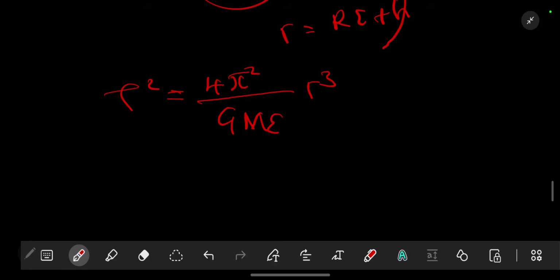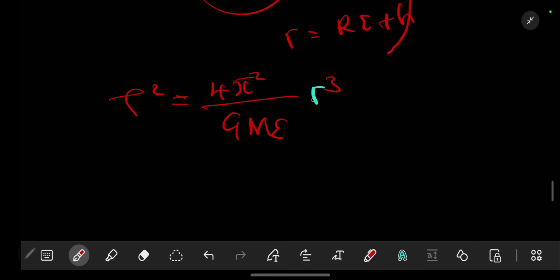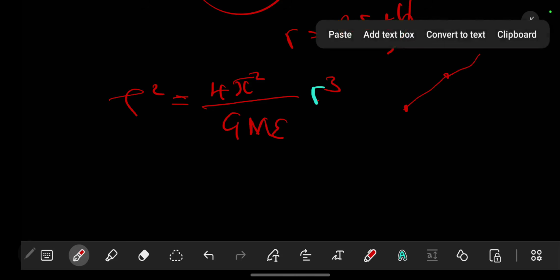We are going to use this r. We are using the radius from the center of the Earth to where the object is, not from the surface to where, like that. So this is not the radius of the Earth, but the radius combined from the center of the Earth to the surface plus the extra height where the object is.